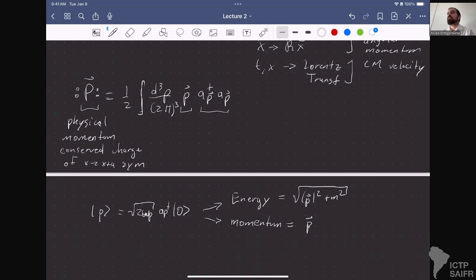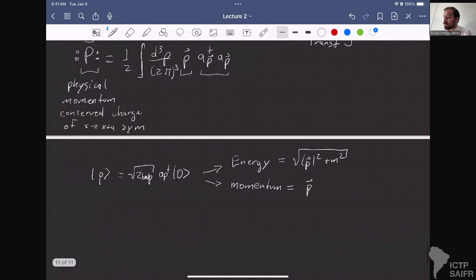So these states satisfy the relativistic energy momentum dispersion.